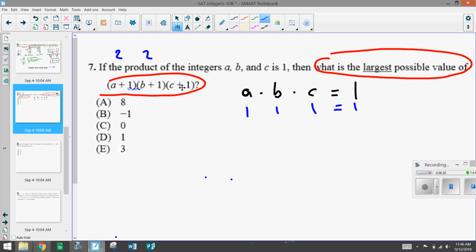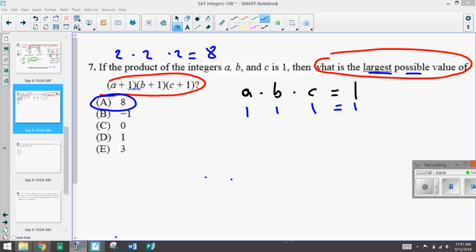Same. C is 1. 1 plus 1? 8. Question is largest possible. And when you look at the answer choices, since we got the largest number, there's no need to hesitate. There's no number which is higher than 8. So that is the right answer.